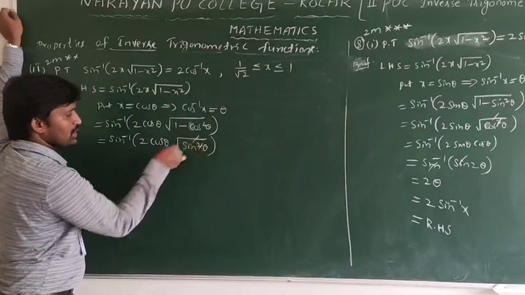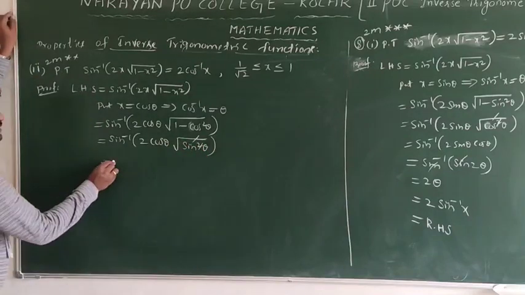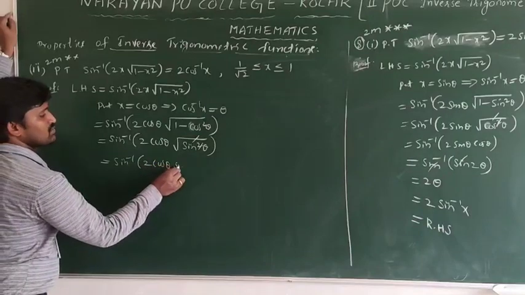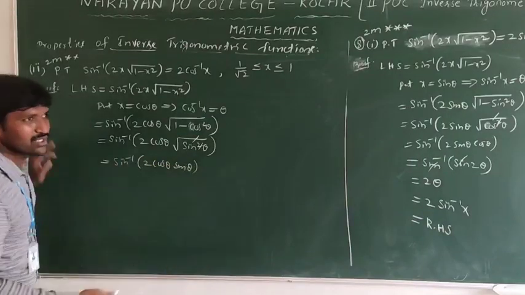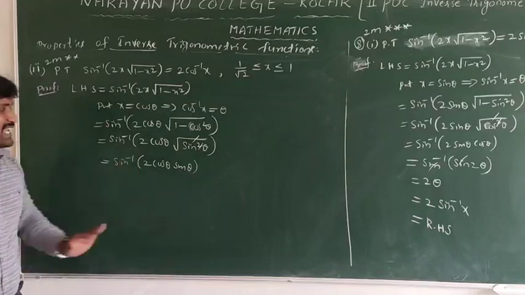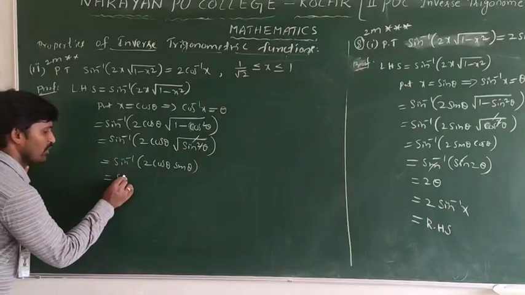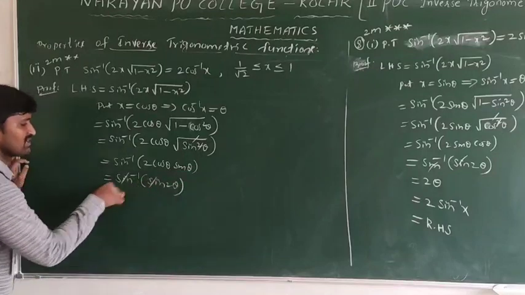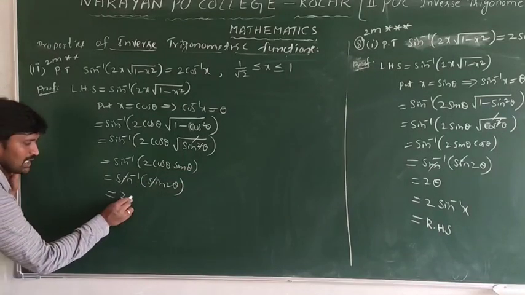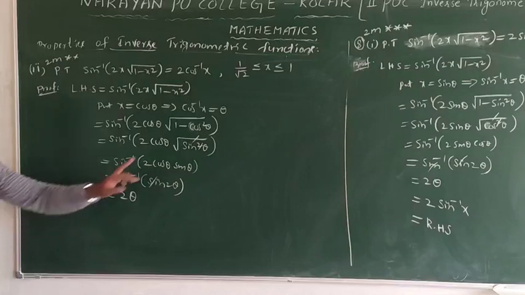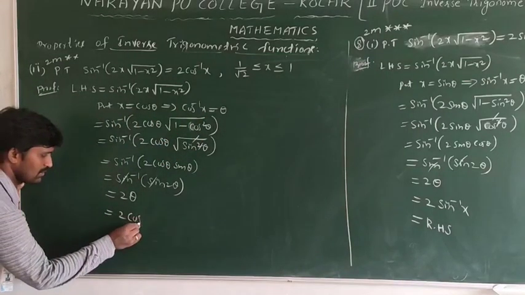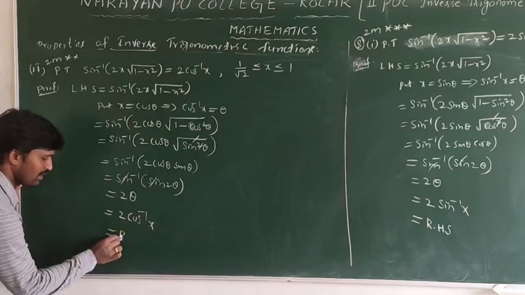Now the square root is cancelled. Sine inverse of 2 cos theta sin theta, or 2 sin theta cos theta, both are the same. That is the formula for sin 2 theta. Sin inverse cancelled, you get 2 theta. What's the theta value? It is cos inverse x. That is the required RHS.